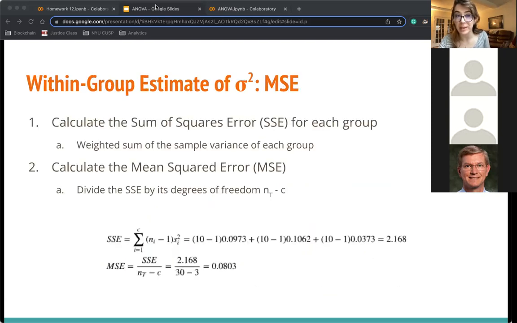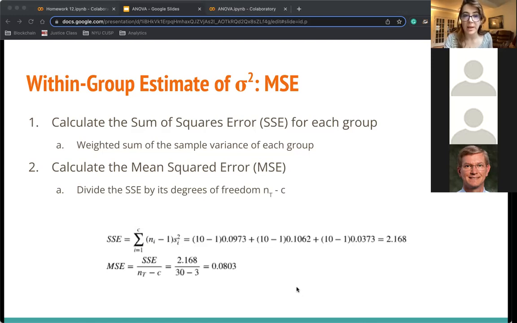And this is how we would calculate that within group estimate of the variance using the sum of squares error and the mean squared error. Again, these are like loss functions that are used for a lot of different statistical tests. We're using it to understand this weighted sum of the sample variance for each group and seeing how this varies between the different groups.